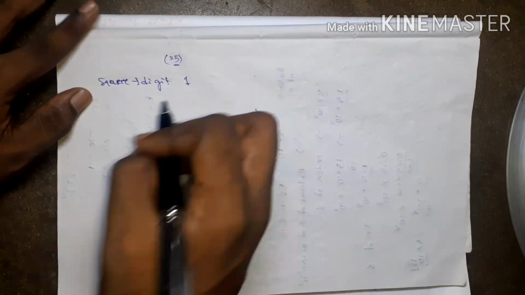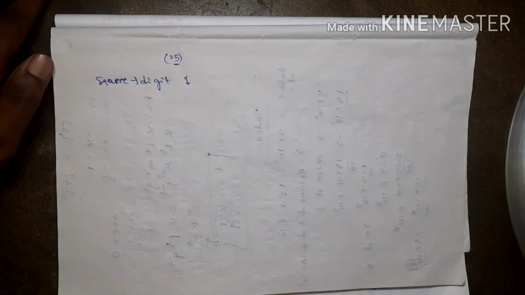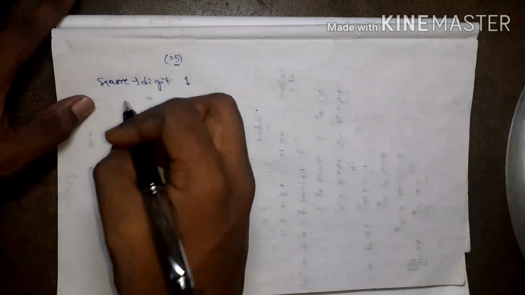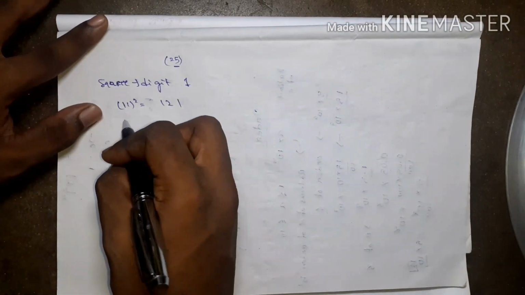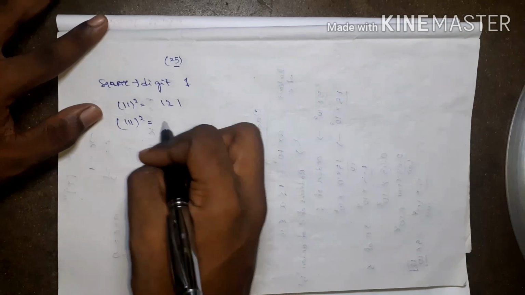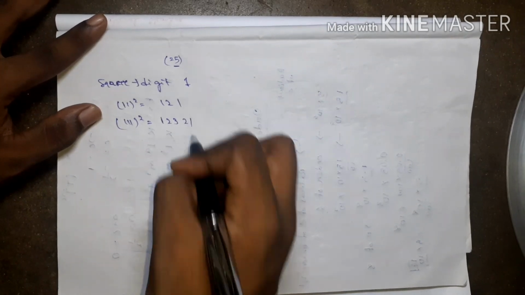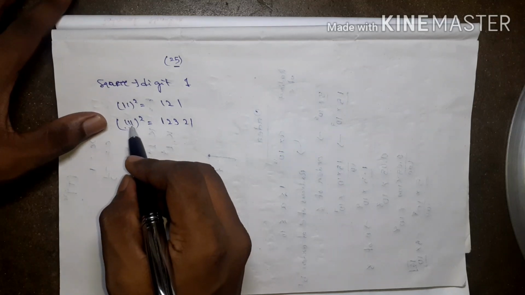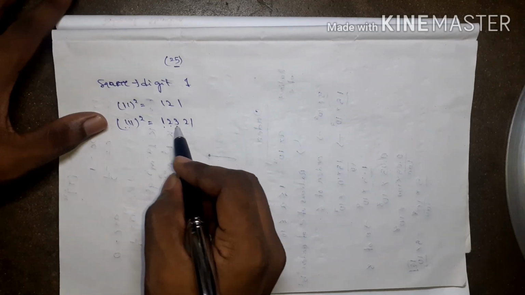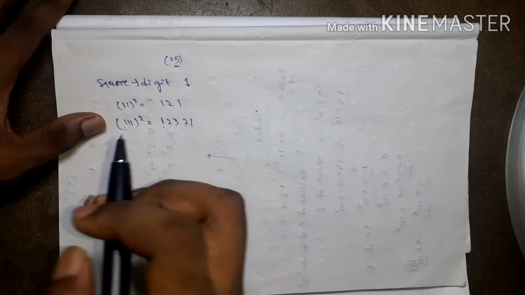If there is only 1 in a number, how can we find its square? 11 squared is 1, 2, 1. Its square is 1, 2, 3, 2, 1. How is it possible? Count the number of 1s. There are 3: 1, 2, 3, then counting reversely, 2, 1.